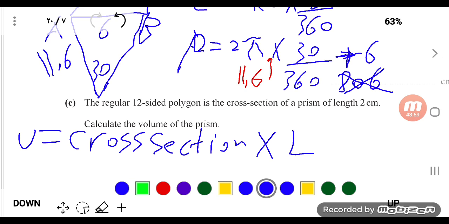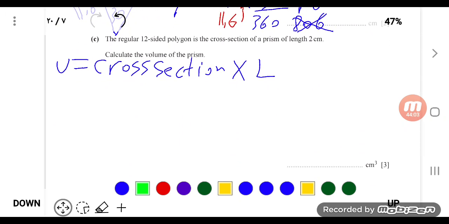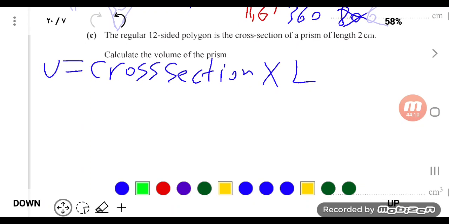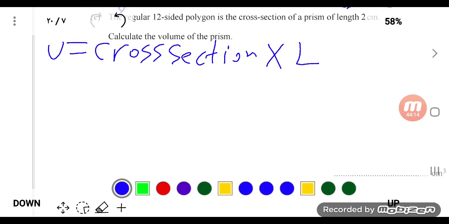That's the volume of any prism. Okay, now the cross-sectional area is the area of one triangle times 12. Then you multiply it by the length of the prism, which is 2.